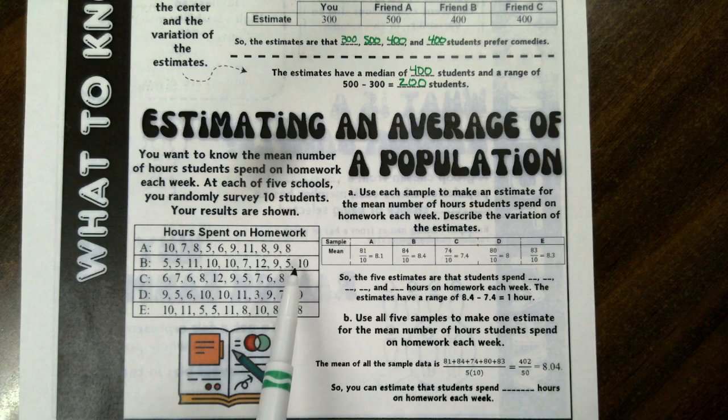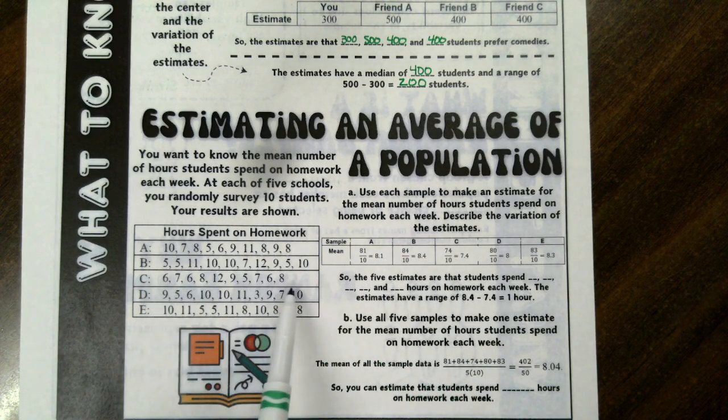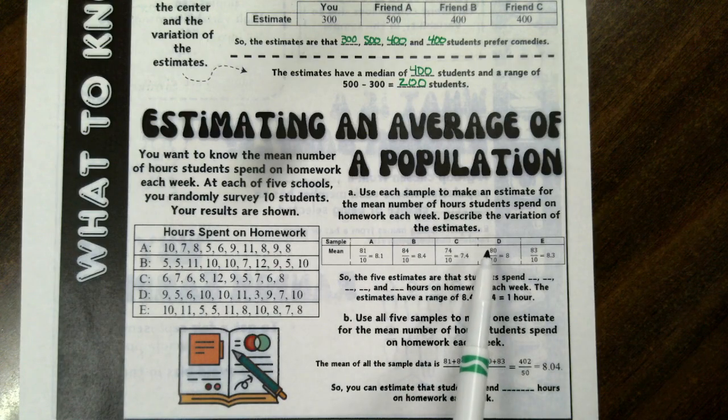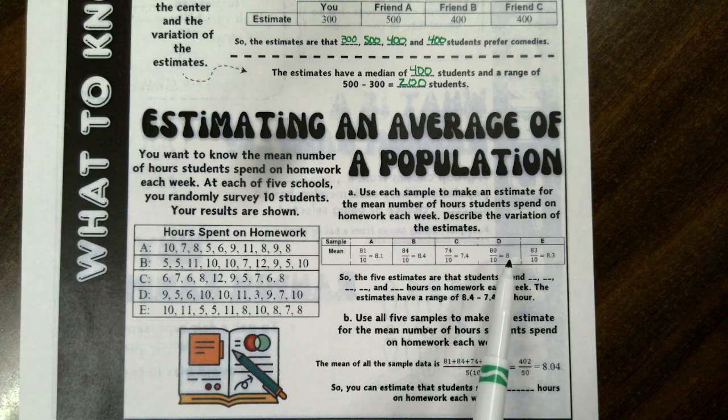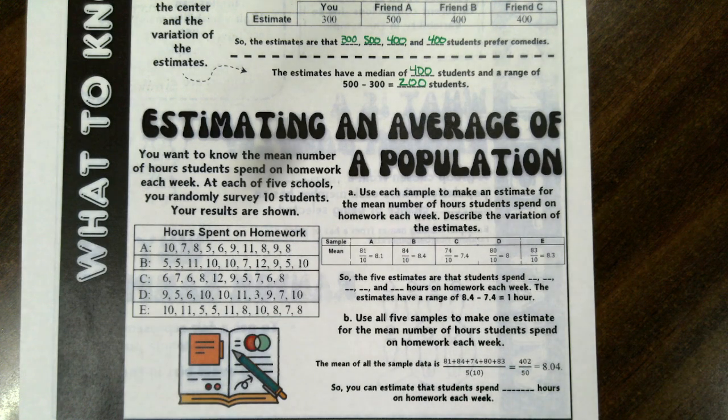My second set, for the other school, there was 84 hours out of 10 students, so that's 8.4. C, that was 74 hours out of 10 students, so divide that, you get 7.4. My D school had 80 hours. I divided that by 10 because that's 10 students, and it came out to 8. And then E school had 83 hours. Divide that by 10, you get 8.3.